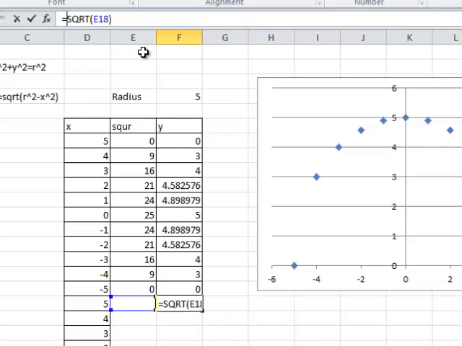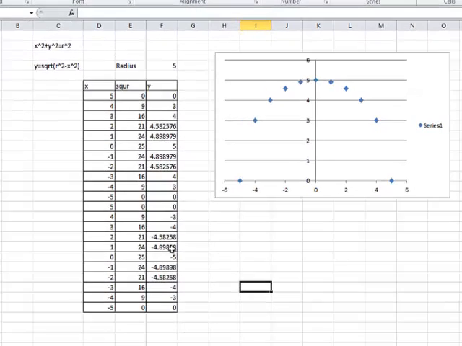We want to have a negative square root, so this will give you your negative numbers. Enter. So now we again fill down, and this will give us the negative square roots.